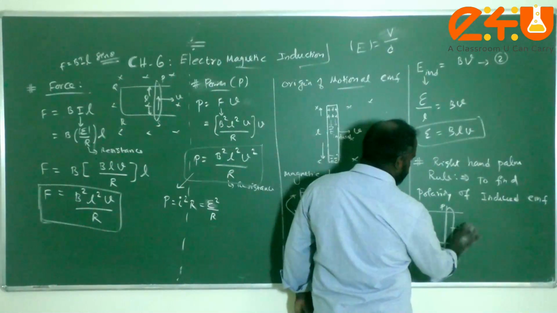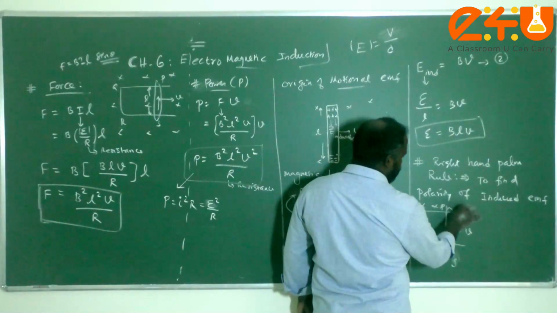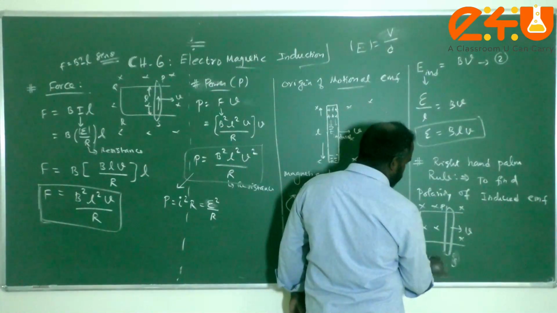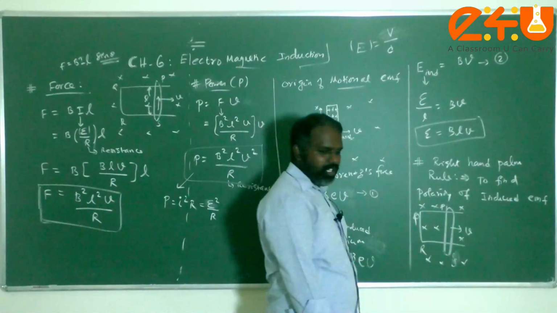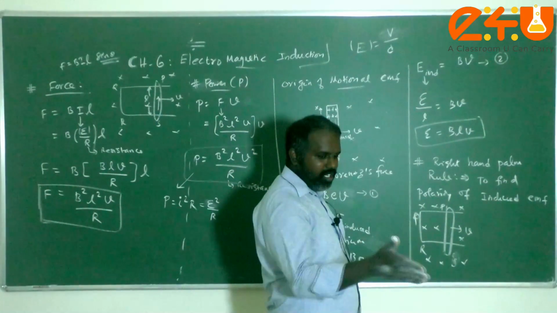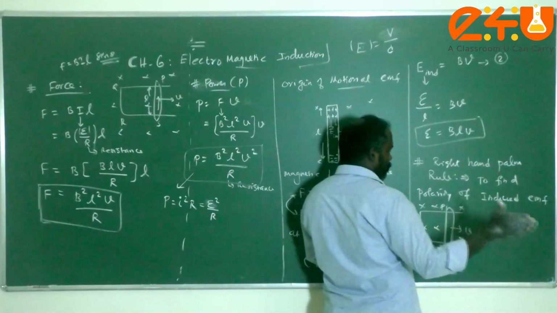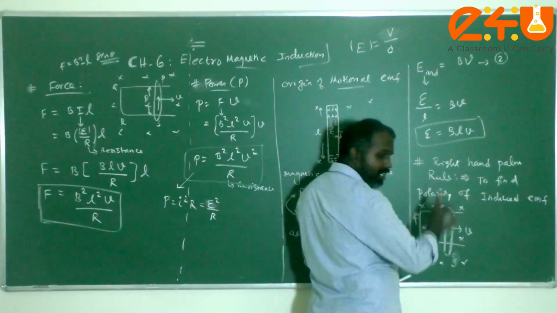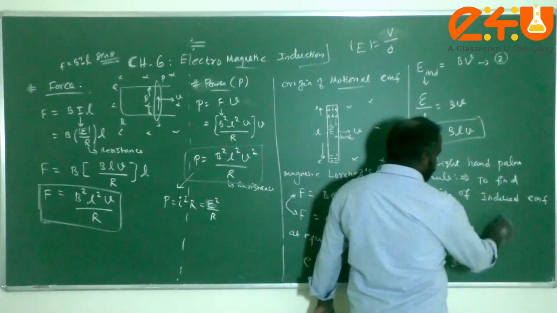In this case, if the rod is moving outward and the field is normally inward, apply the right hand palm rule. We can say that the end P will act as the positive terminal of the battery.